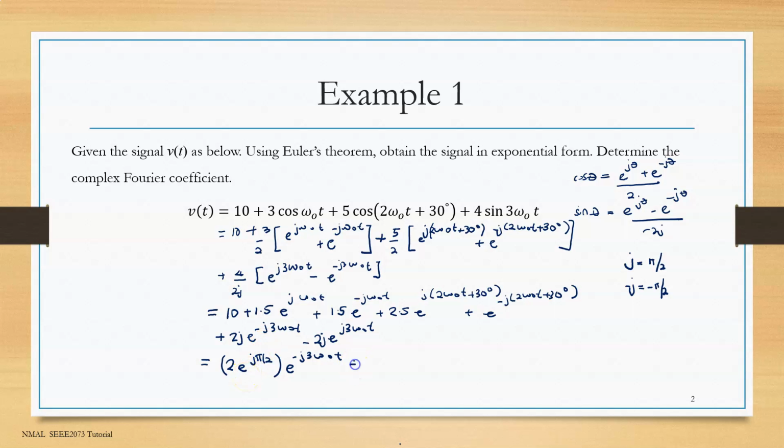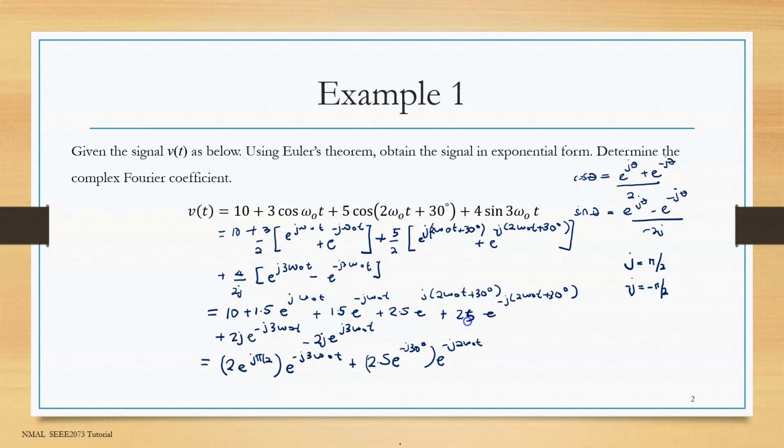And then plus 2.5 e^(-j30 degrees) multiplied by e^(-j2 omega naught t), which is from this. Okay, from this to this. Sorry, here we have 2.5.